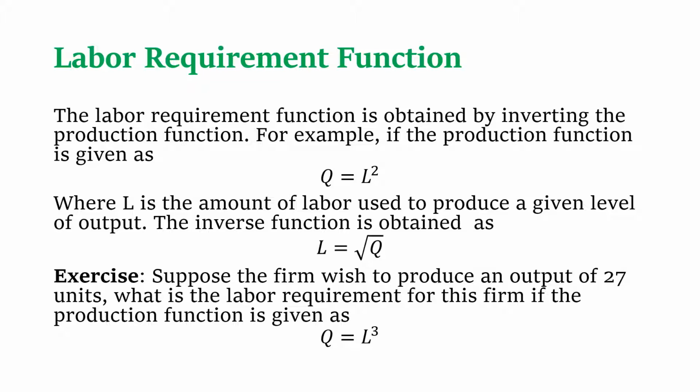The only way to do this is to obtain the inverse of the production function. If we obtain the inverse of the production function and plug in the values of the outputs that the farm is supposed to produce, then when we solve, we'll be able to know how many workers we need to produce a given level of output.